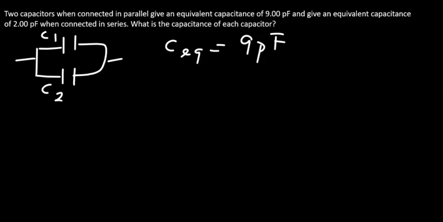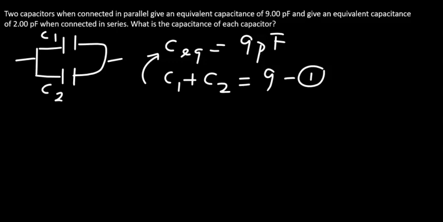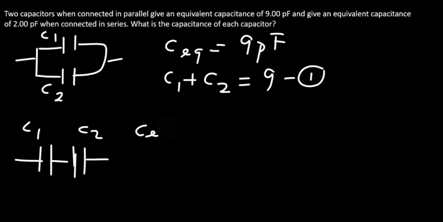Now, since these two capacitors are in parallel combination, that means C1 plus C2 is indeed the equivalent capacitance, and that is 9 picofarad. So that is equation 1. And if we were to connect these two same capacitors in series, C1, C2, we were told that the equivalent capacitance is 2 picofarad.